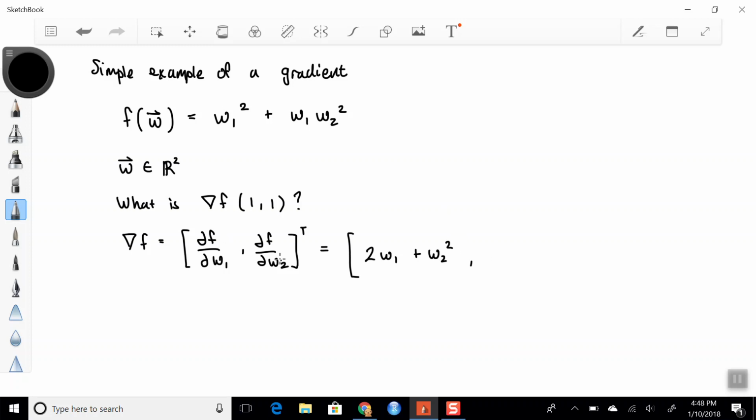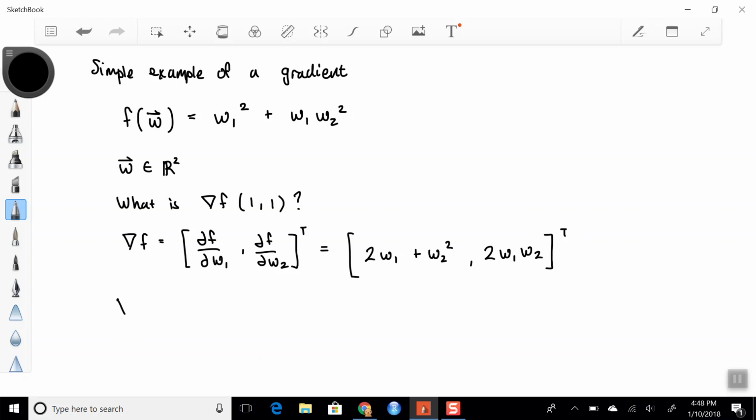And then if I take it with respect to w2, the first term becomes 0, and this becomes 2 w1 w2. Is that okay?